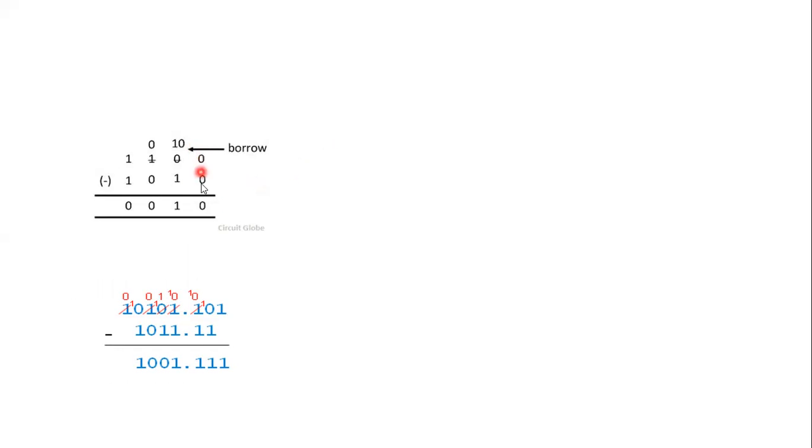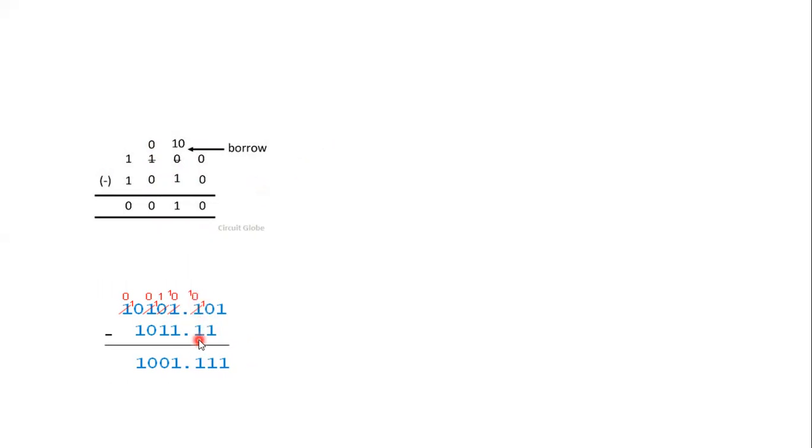So another example. 0 minus 0 is 0. So 0 minus 1, so we borrow here, therefore this digit becomes 0. 0 minus 1 is 1. Now 0 minus 0 is 0. 1 minus 1 is 0. Similarly, here 1 minus 0 is 1. So 0 minus 1 means we borrow from the previous digit. Therefore, 0 minus 1 is 1. Borrow, so this digit becomes 0.